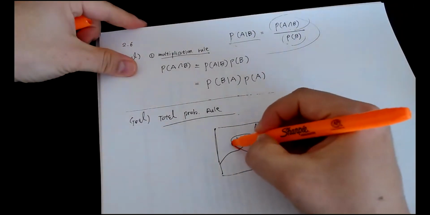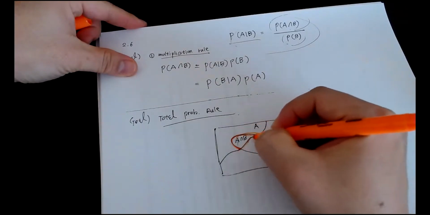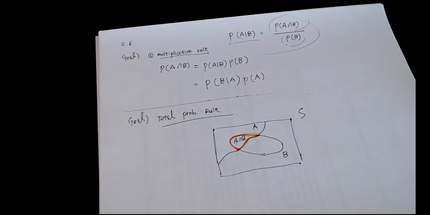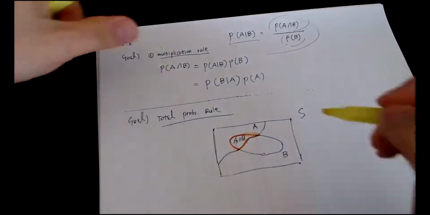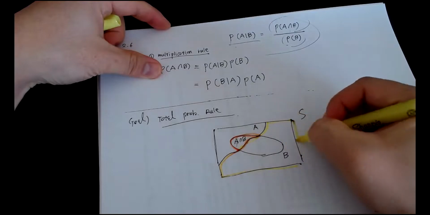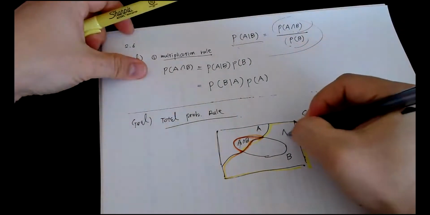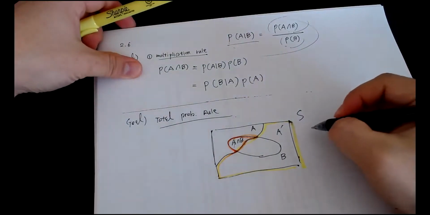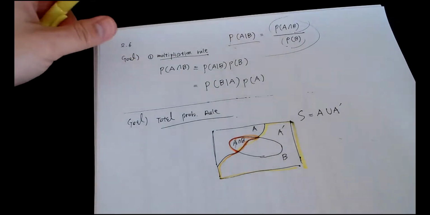So that is A intersection B right here. And the other part is actually A complement, right? So the sample space can be expressed as A union A complement. This makes sense, right?